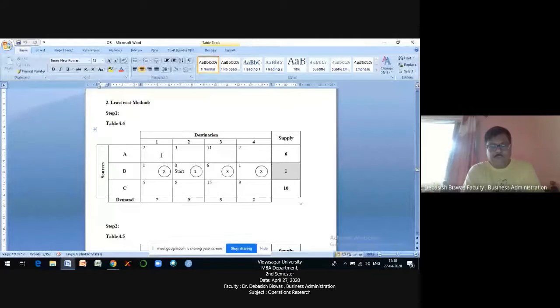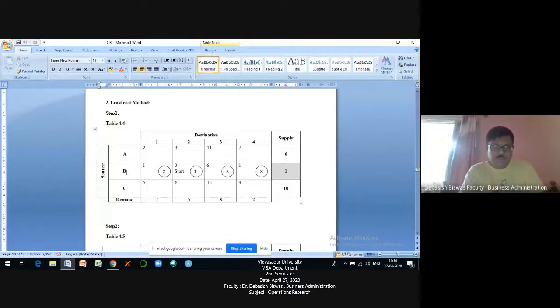There are 4 destination points: the first, second, third, and fourth destination points. And in this problem there are 3 sources: A source, B source, and C source.